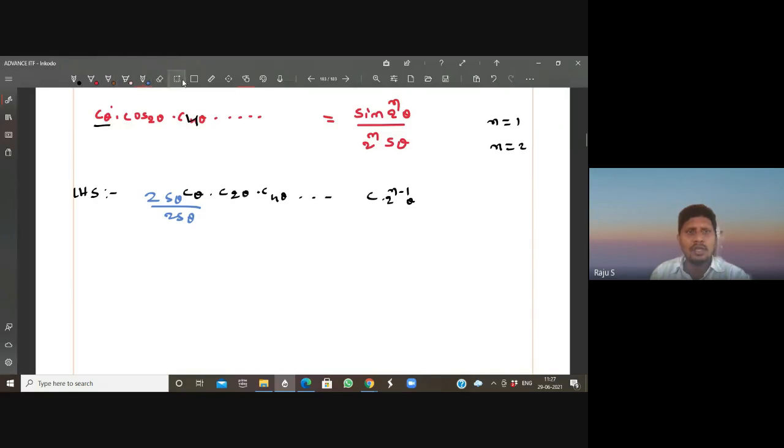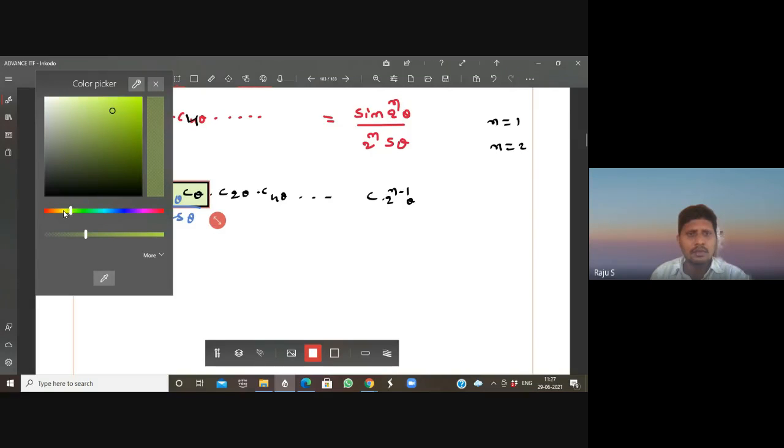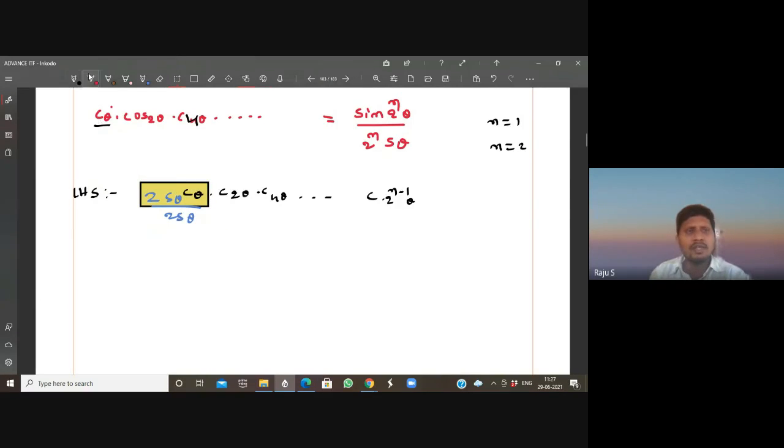Now since we know this formula, 2 sine theta cos theta is sine 2 theta. So sine 2 theta, remaining cos 2 theta, by 2 sine theta, cos 4 theta, and so on.